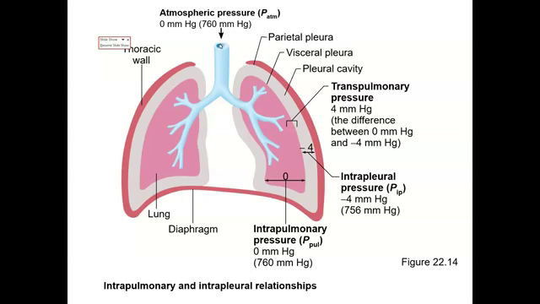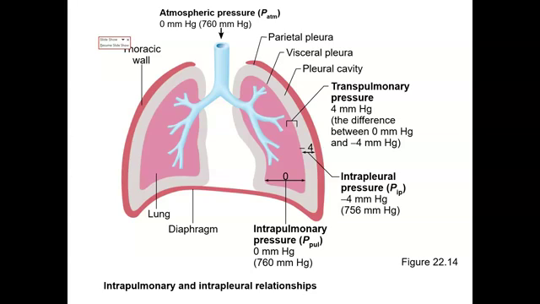So that means that the outside air has the pressure of 760 compared to the inside pressure, which of course is going to be lower. So that draws the air in.